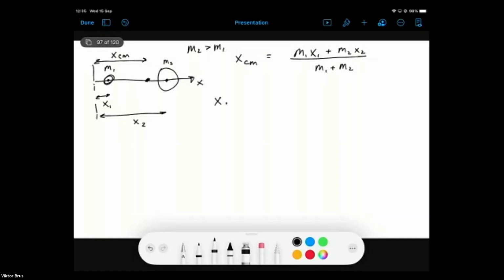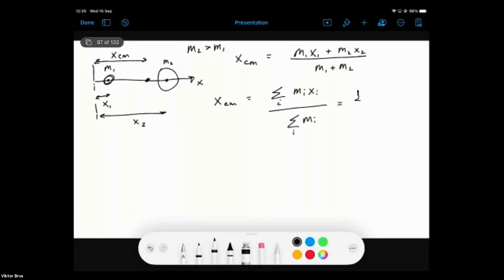In the general case of many bodies, X center of mass is the sum, over all bodies, of the products of the mass of each body and its position along axis X, divided by the sum of all masses of the objects which form the system we consider.